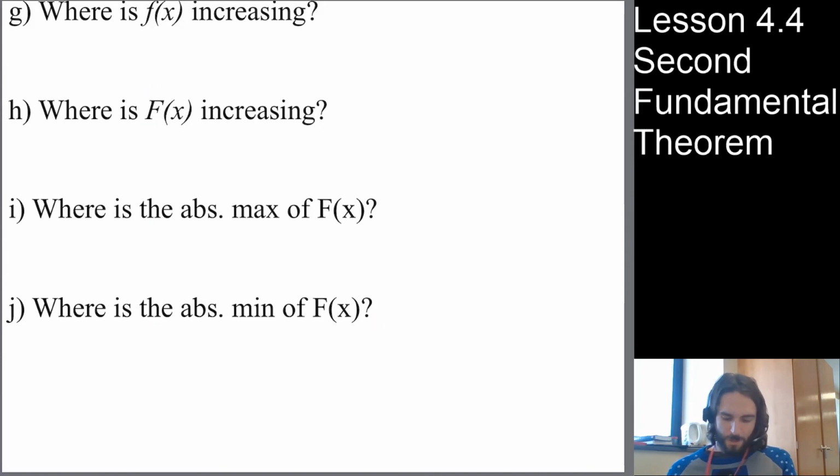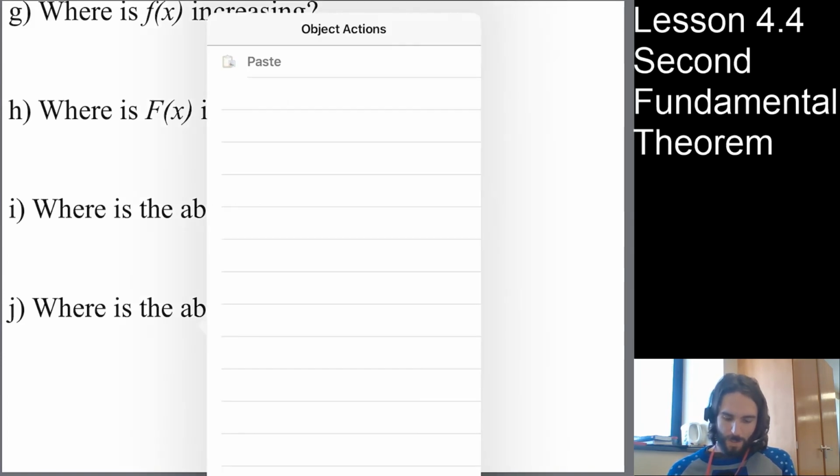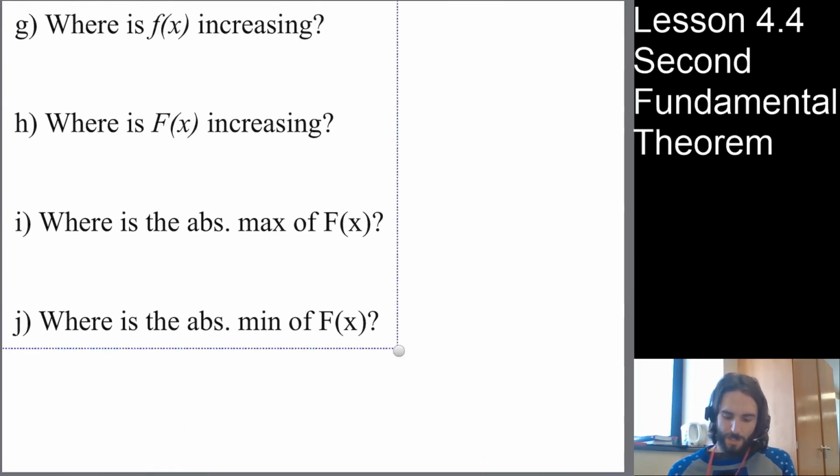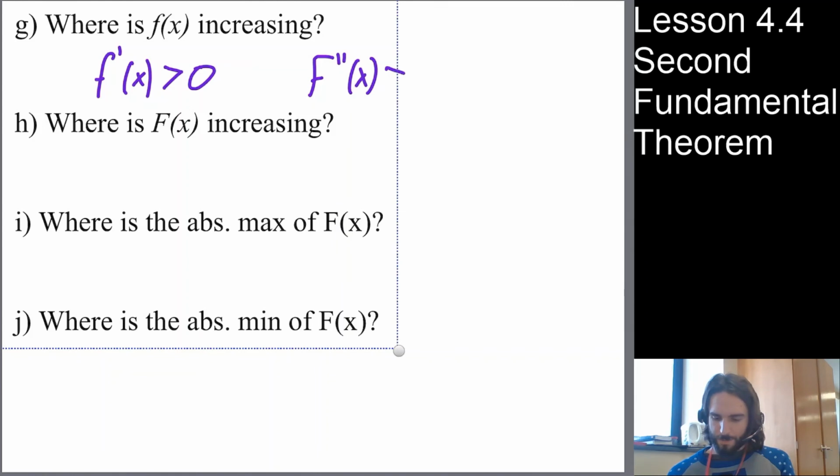All right, these questions are really good. Where is little f of x increasing? So that would be where f prime of x is greater than 0. So that's going to be where big F double prime of x is greater than 0. Because remember, the derivative of big F of x is little f of x. So the second derivative of big F is the first derivative of little f.